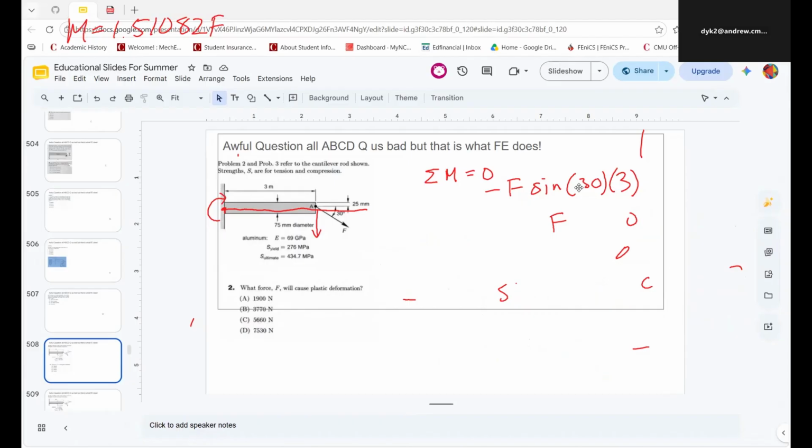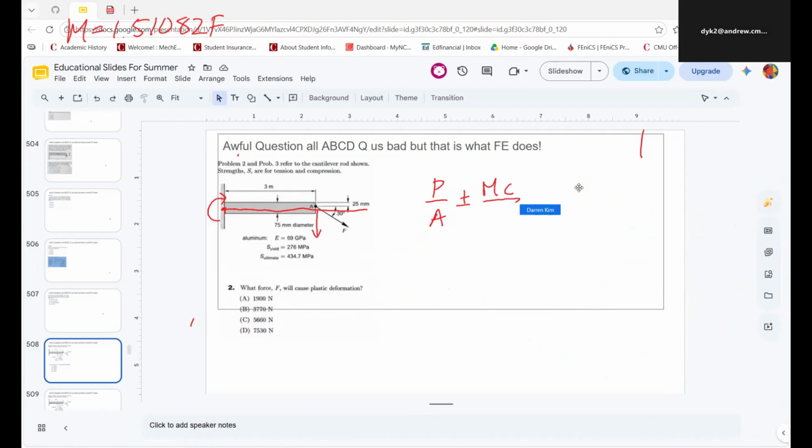And now we do have to do summation of force initially. Yeah, we do because actually we don't have to. We can just apply this notation from here. P over A plus or minus MC divided by Y. We know these equations by heart. And P over A, P is basically F cosine 30 divided by area, which is a rod, so it's pi parentheses 75 divided by 2 squared, so that's 1 divided by 1,000 squared.